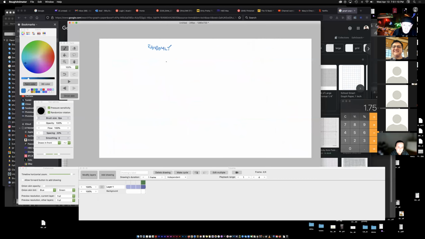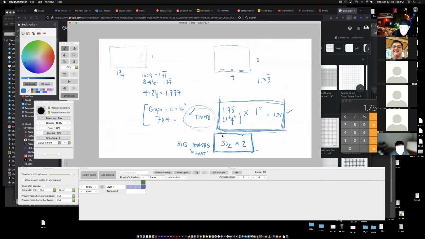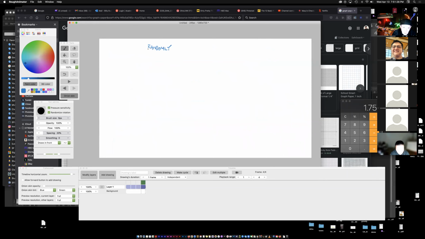You are studying what all of these verbs are going to look like. So you can do them out of order if you'd like. That is perfectly acceptable. You can add to them, you can edit. So random is a good thing here.